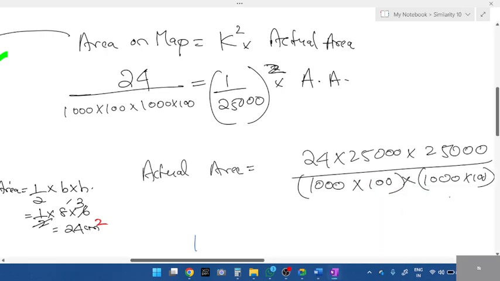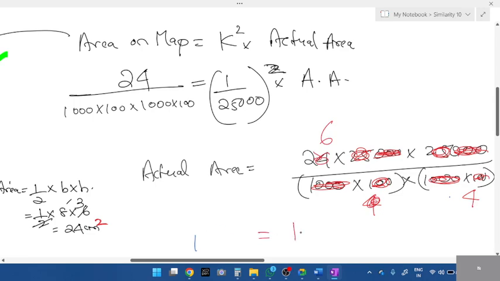So what's the value, students? 3 zeros get cancelled here. How many times does 25 go in 100? 25 ones are 4. 4 sixes are 24. You get 6 by 4.